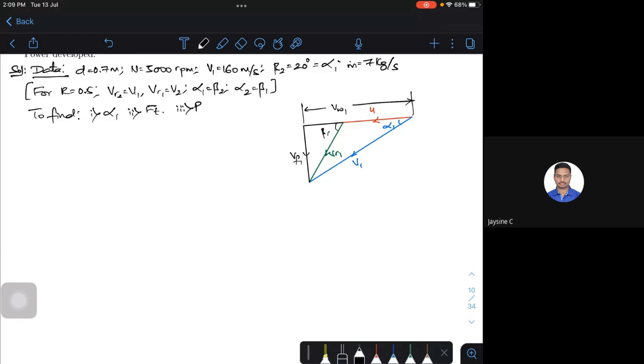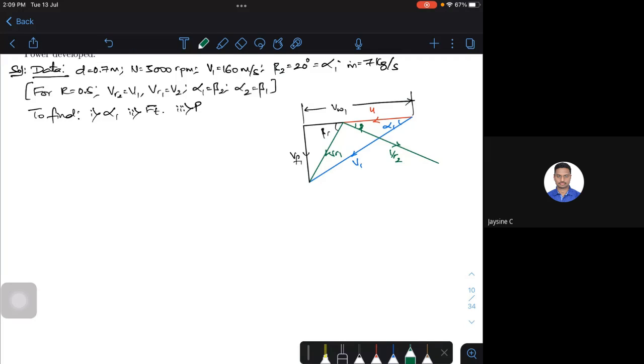Similarly, I can draw your vr2. From this particular point, vr2 will be equal to v1, because this is a simple case where beta 2 or r is equal to 0.5.